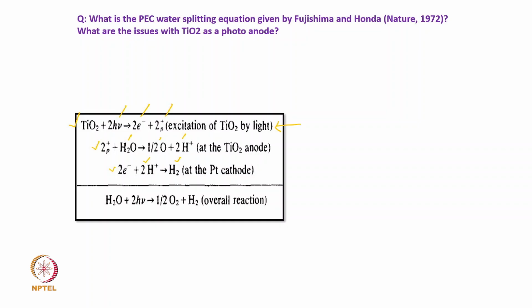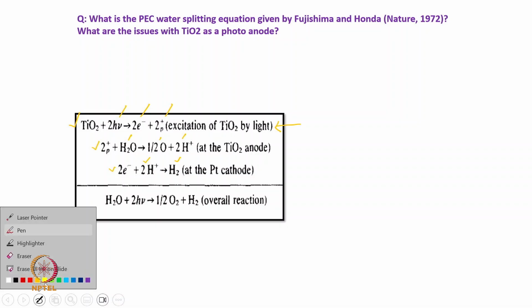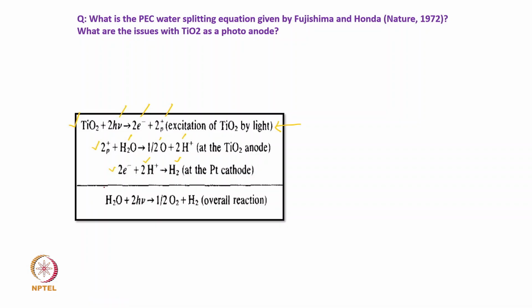Overall, the equation is H2O interacting with photon producing oxygen and hydrogen.